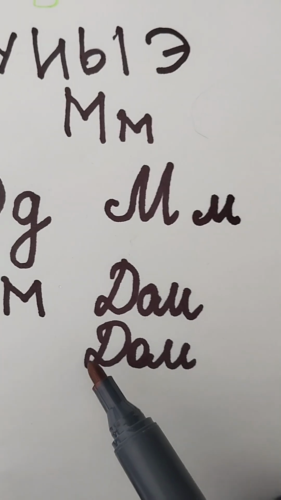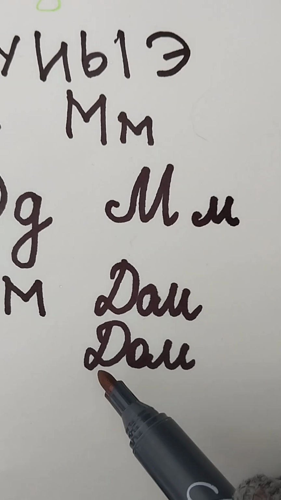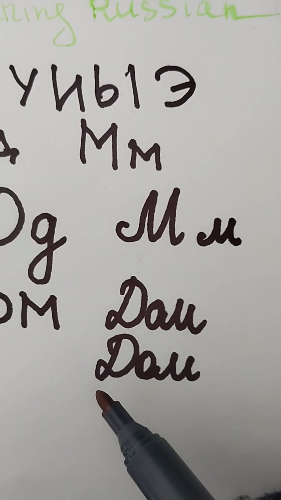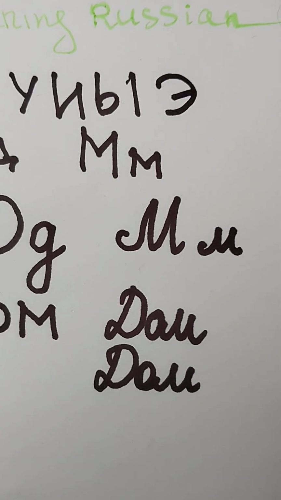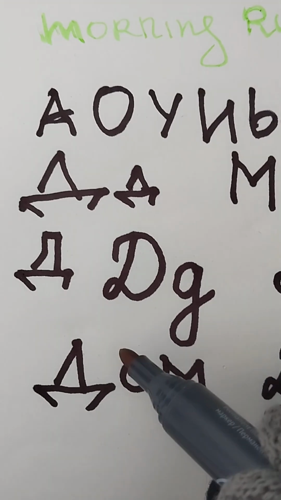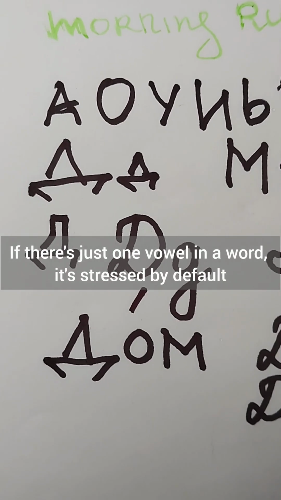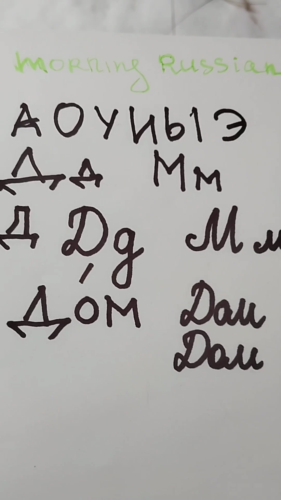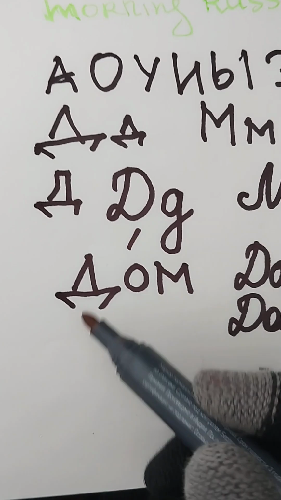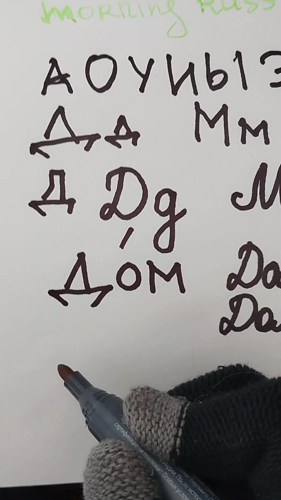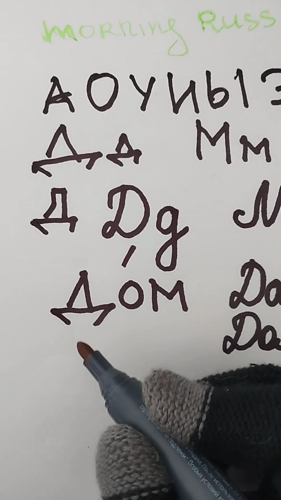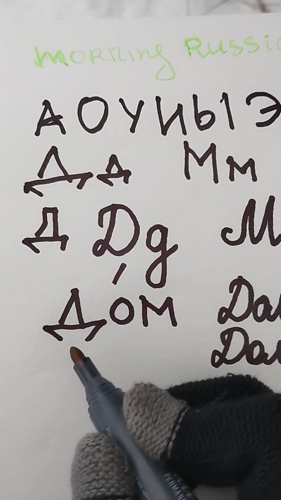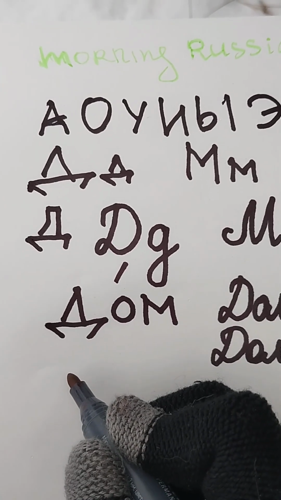The cursive version of D looks similar to English D. And O here is stressed. I want to try to write the cursive version once again because I'm curious, can I write all the letters at once?